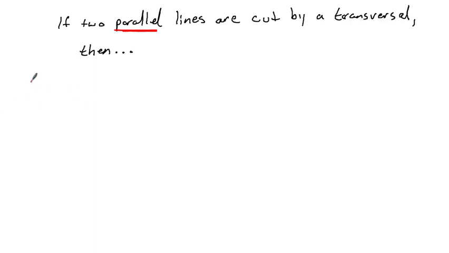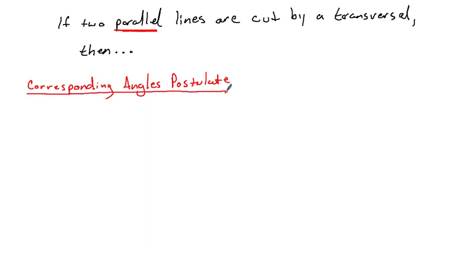The first theorem is not exactly a theorem, it's a postulate, but we're going to write it down anyways. It's a corresponding angles postulate. Okay, and the way this is going to work, what we're writing here, is we're going to finish this statement.